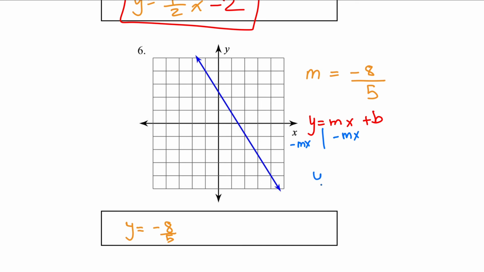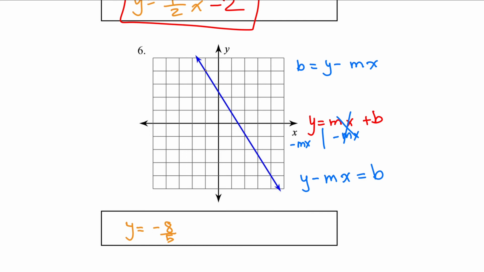So we get y minus mx is equal to, this cancels out, b. So we can get this out of the way. So since y minus mx is equal to b, we can rewrite that as b is equal to y minus mx.